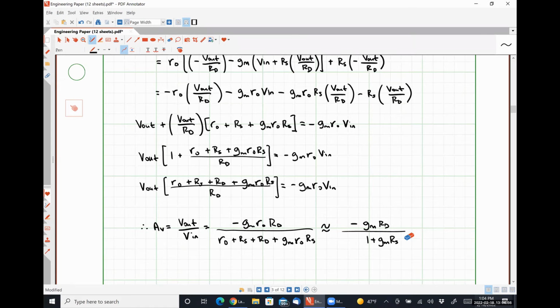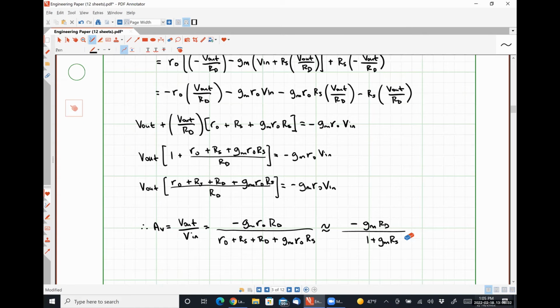Let's talk about why that might make sense in a general sense. If your channel length modulation resistance R naught is much larger than your resistance RD, those two elements in parallel in our common source core amplifier are just going to look like something a little bit smaller than RD, which means your gain would be negative GM times something a little bit smaller than RD.